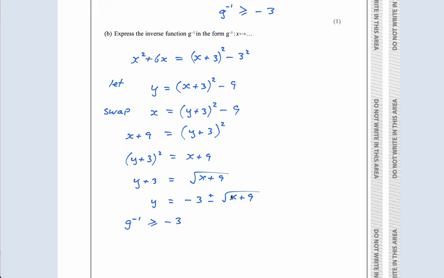That means this inverse function, which is g minus 1 of x, with this arrow here, this is the way they want us to write it, but it's the same thing. This is minus 3 plus the square root of x plus 9. Note that the minus is not included, because that would actually make it then less than negative 3. So that's complicated.